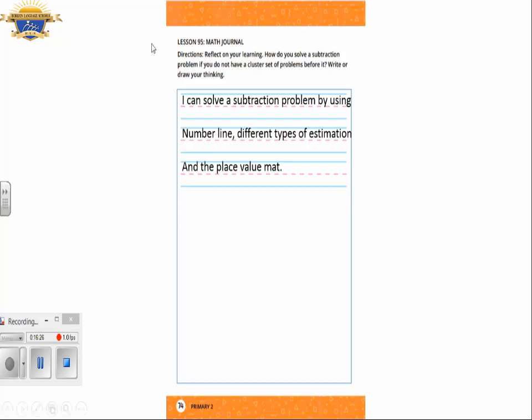Okay, I can solve a subtraction problem by using a number line, right? As we took in the last lesson, or by using the different types of estimation, the front-end estimation or the rounding. And also I can use the place value method.